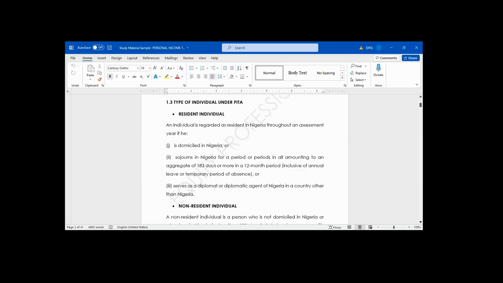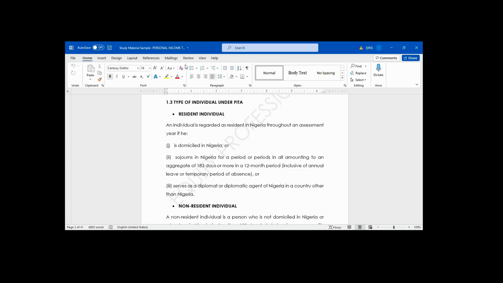A Nigeria resident is a person that domiciles in Nigeria for more than 183 days, which is half of a year, and a Nigeria citizen that is outside Nigeria but is representing Nigeria as a diplomat, or is working in the Nigeria foreign embassy outside the country.